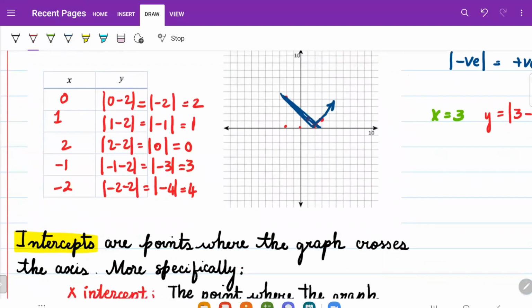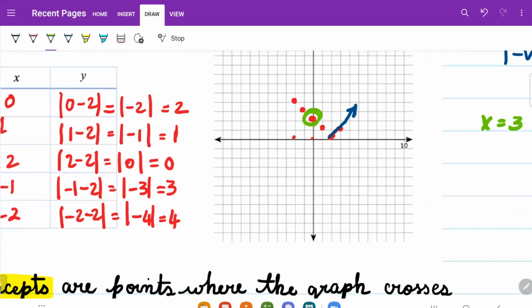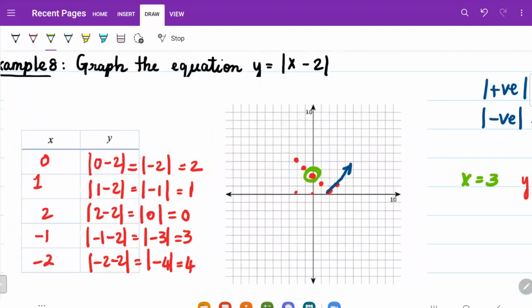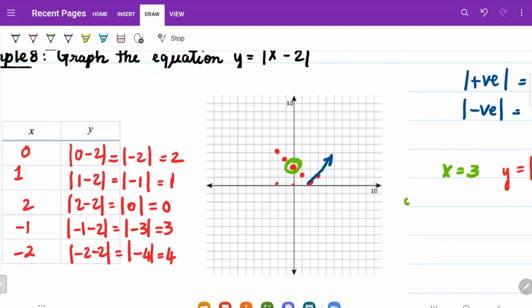Same thing here. This point here is our y-intercept. And here you see that it never crosses the x-axis. But let us see if it ever happens that y is 0. So when y is 0, we have the absolute value of x minus 2 equals 0.